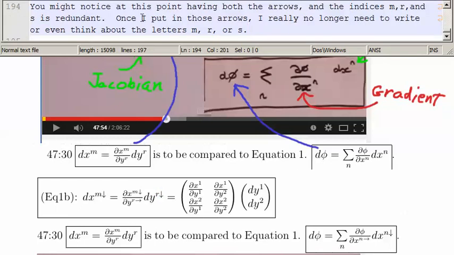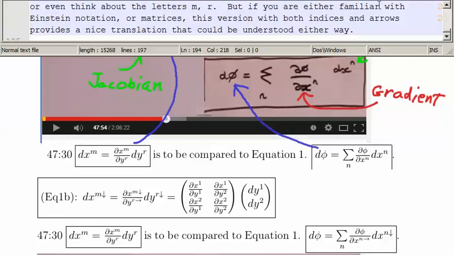You might notice at this point having both the arrows and the indices m, r, and s. Wait, where's the s? Oh, there's no s yet. M and r. I really no longer need to write or even think about the letters m and r.